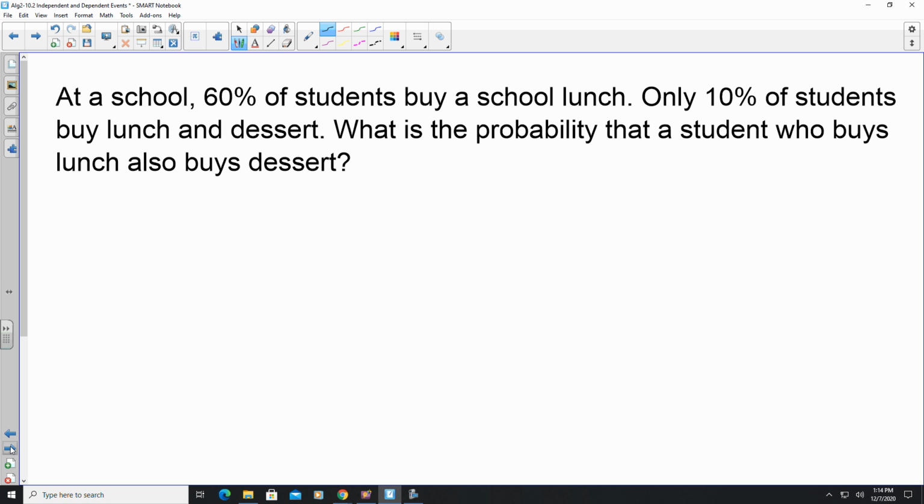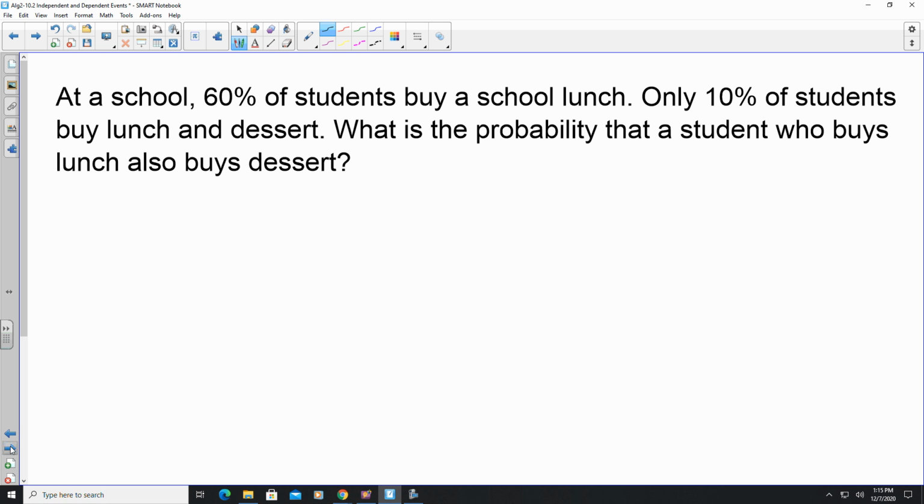Finally, they're asking here, it says, at a school, 60% of students buy a school lunch. Only 10% of students buy lunch and dessert. They want to know what is the probability that a student who buys lunch also buys dessert.